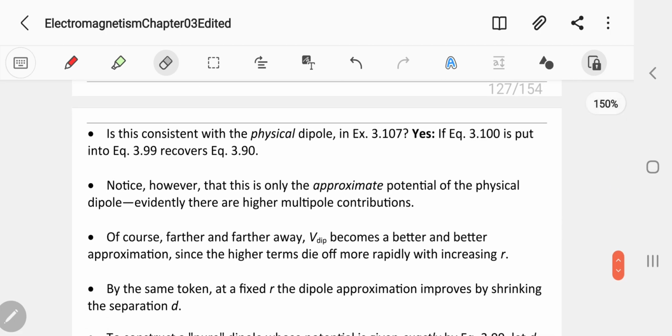And then there is a question: is this consistent with the physical dipole in example 3.10? I think that's in the first video for this chapter, no, the second one, I guess. So this is consistent with that example, the approximation.